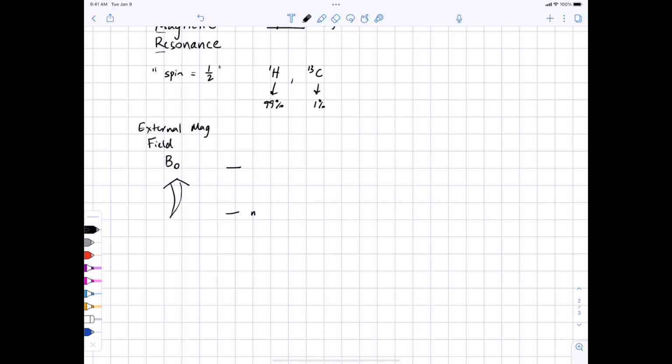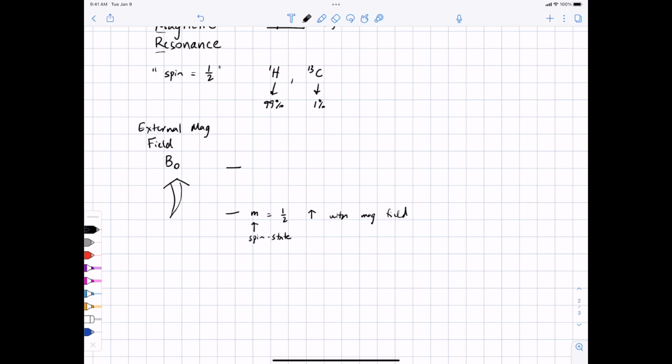One is, and we'll use this term just for our purposes, it's not anything to memorize, the spin state, we'll call it M for a particular nucleus. One is the spin +1/2 state, where the little magnet of the nucleus is aligned with the magnetic field.